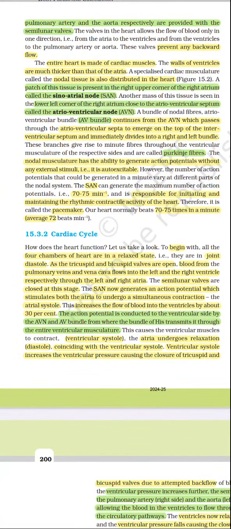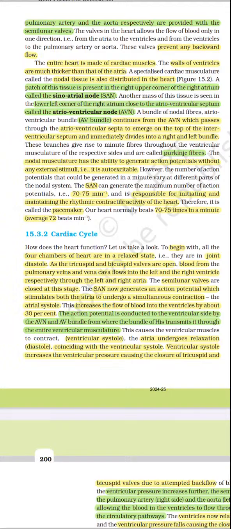These branches give rise to minute fibers throughout the ventricular musculature of the respective sides and are called Purkinje fibers.